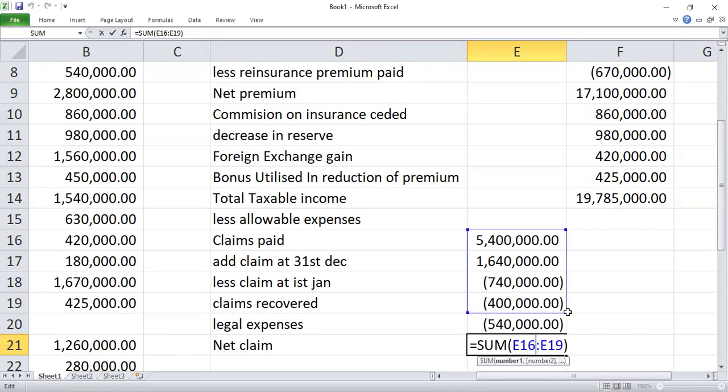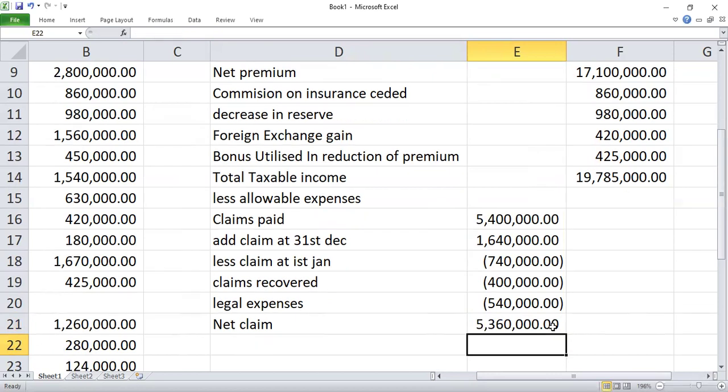You need to update this table because you need to subtract the legal expense relating to claim. So we have the claims paid, add the claims at 31st December, subtract claims at 1st January, subtract claims recovered, subtract the legal expenses on claim. Then you get our net claim.